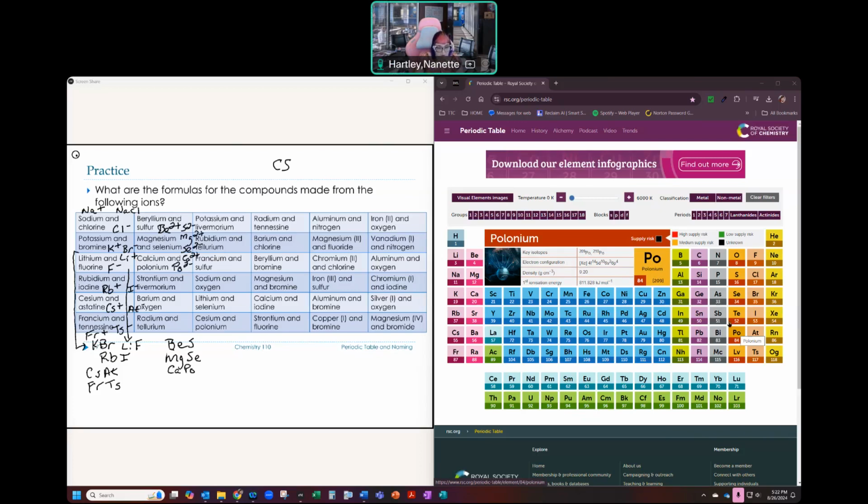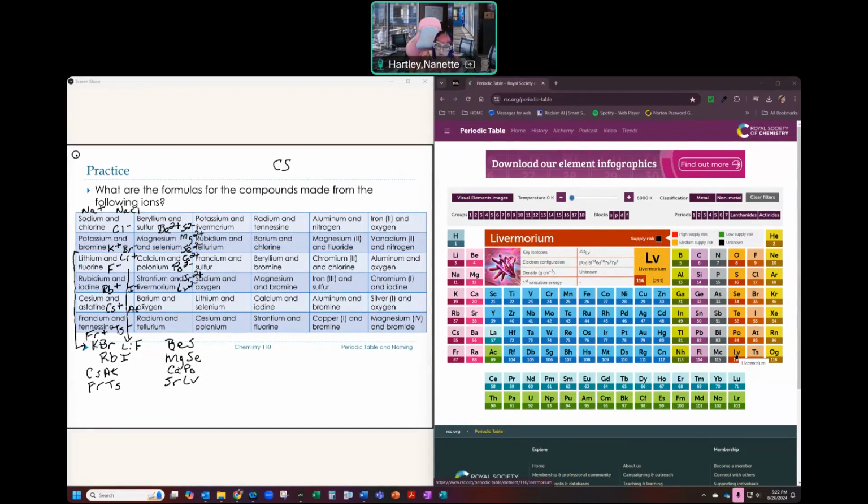Strontium and livermorium. So strontium is this guy. He's a 2+ also. And then livermorium is this one right here. He's also going to be a 2-. Lv2-. And so SrLv. Those 2+, 2-, those go together.